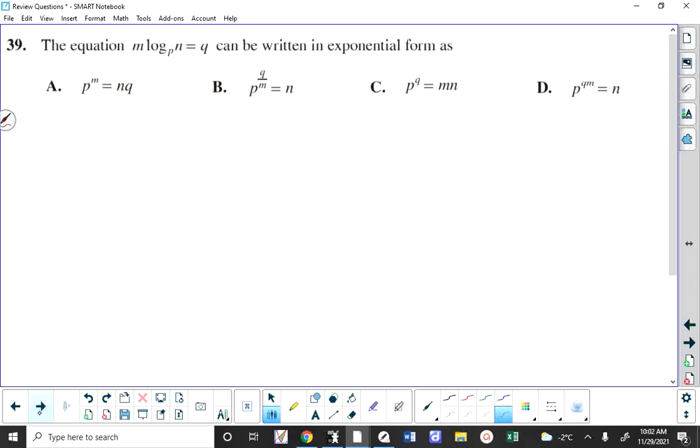I'm sure I've told you this, but you can only convert logarithmic to exponential if you have a logarithm equal to something. You cannot convert into exponential form from logarithmic if there's anything else there.